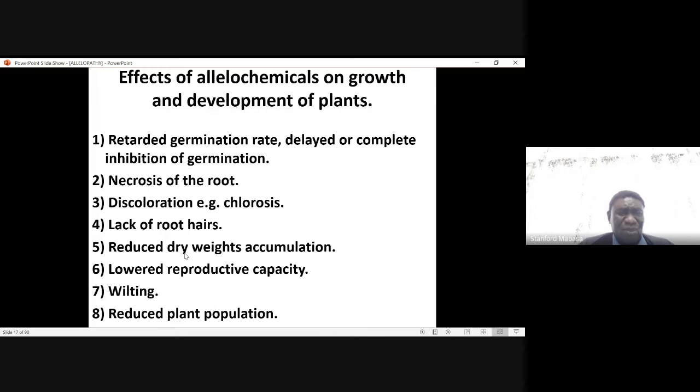They can cause wilting if they are in contact with the other plants. Or we can see reduced plant population, presumably via reduction in germination.